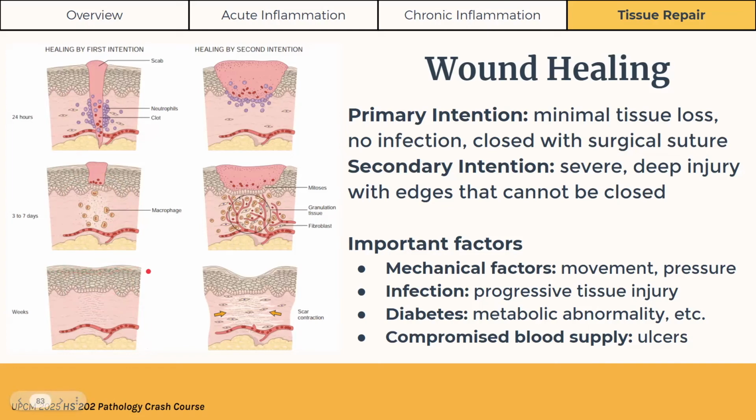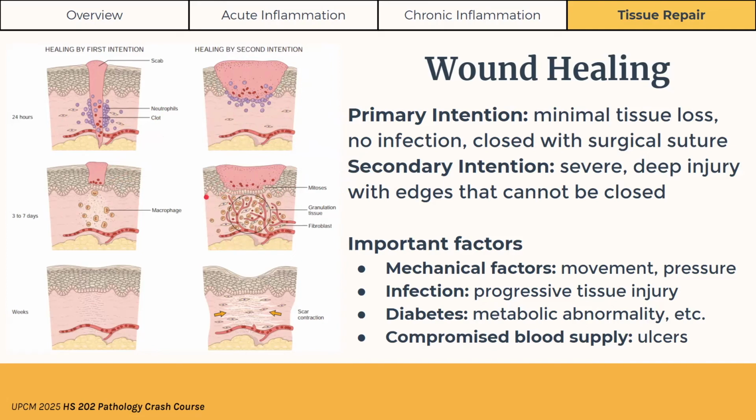Yan. Pero in case naman na yung injuries mo are severe and deeper, as you can see, ito, mas malaking area yung sakop ng wound niya. In that case, secondary intention or sa Robbins, second intention ang mangyayari. Essentially naman, same lang naman yung process, pero syempre dito, mas maraming fibrin ang kailangan and mas malaking granulation tissue ang mabubuo.